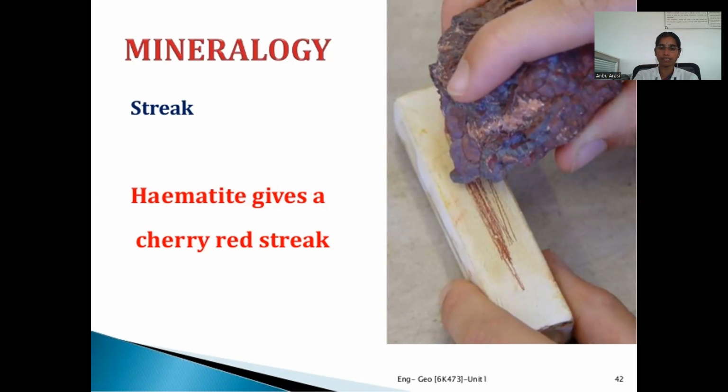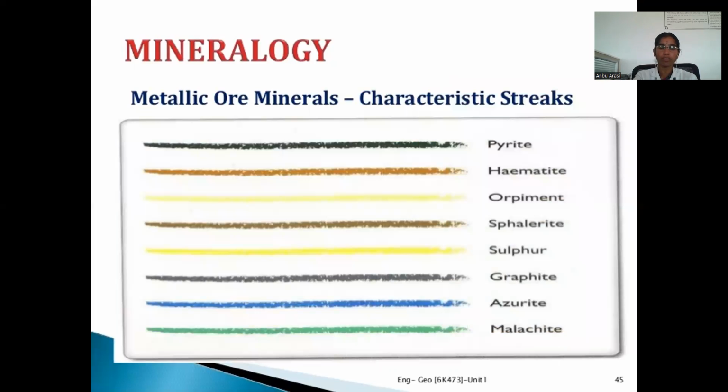Hematite is a cherry red color, but the streak is brown. These are some examples of streak. Orpiment, sulfur is yellow in streak. Graphite is a dark blue color. Azurite is blue in streak. Malachite is a light green color in streak.